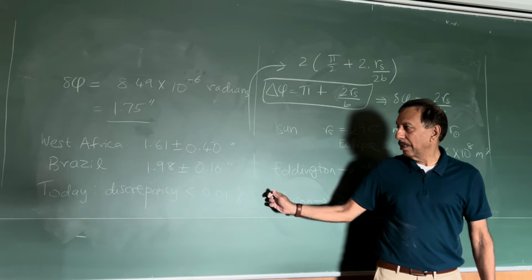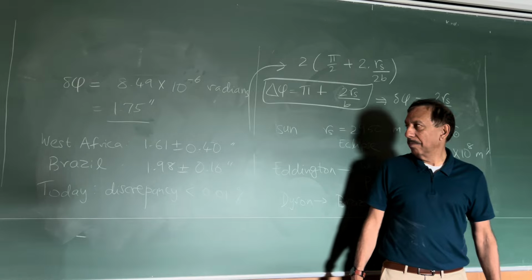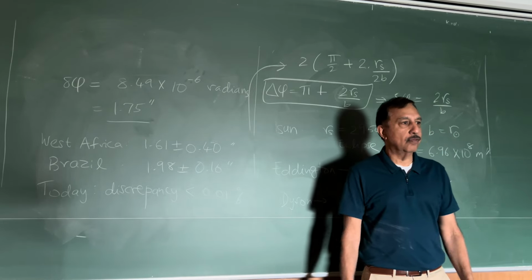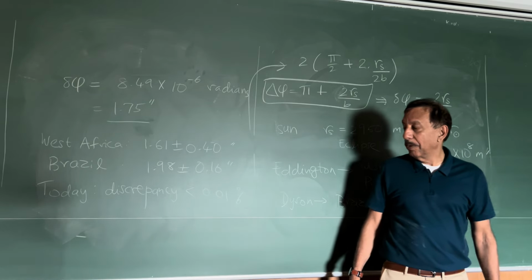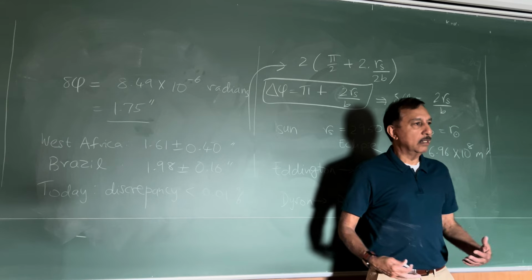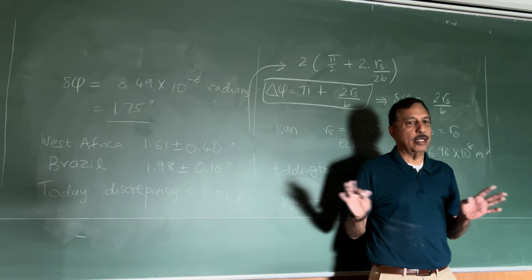And this experiment, along with the one I discussed some time back about precession of perihelion, were the two signature experiments for GR. And they established not only that GR predicts correct answers, but that there is no competing theory, which is really complete. GR is complete in the sense that all the rules have been told to you now.